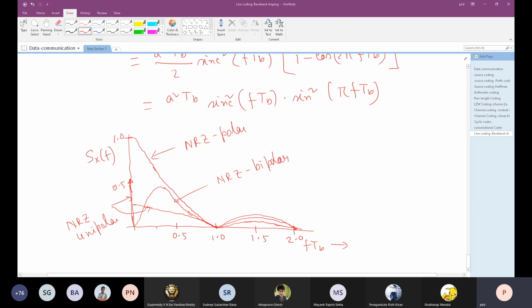For Manchester, of course, we have not computed. For Manchester, this will be further shifted.